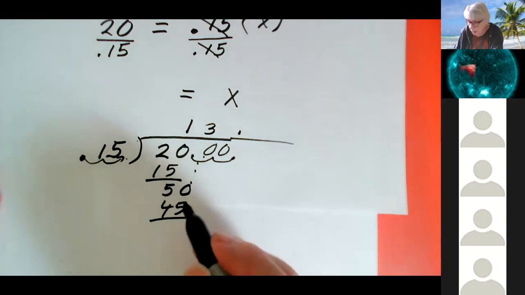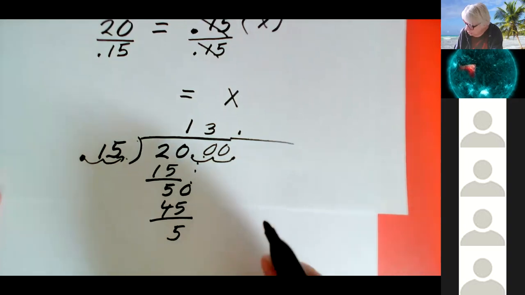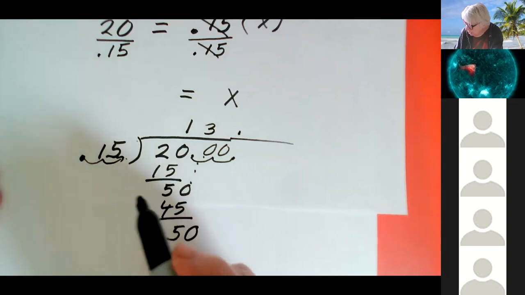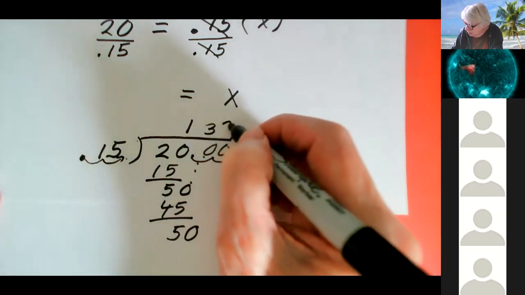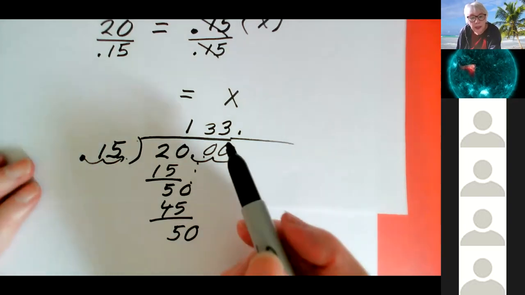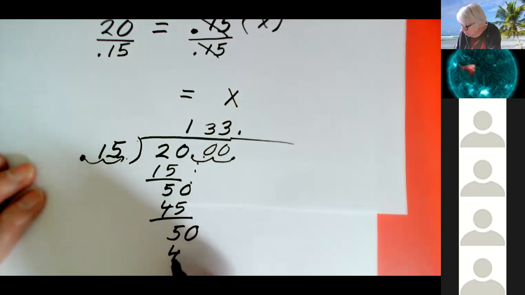Right? Oh, I didn't mean this to turn out funny. This one here, bring down the 0, 15 and 50. See what's going to happen? It's going to keep doing this, isn't it? Can you tell? 3 times 15 is 45.